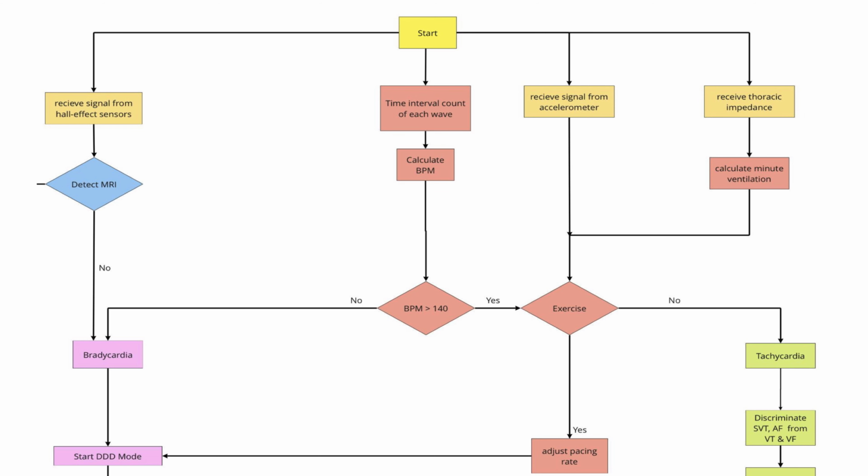So we have the accelerometer and the minute ventilation that can be calculated from the impedance measuring parameter to use to consider this. If it can detect that the patient is doing activity, it will adjust the pacing rate for bradycardia mode. And if there is no sign of activity, it will go to the tachycardia mode.